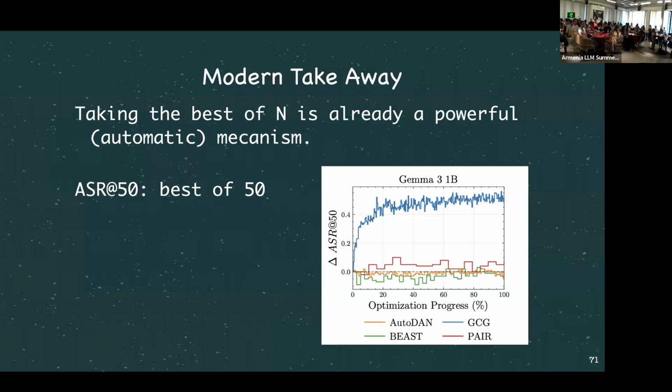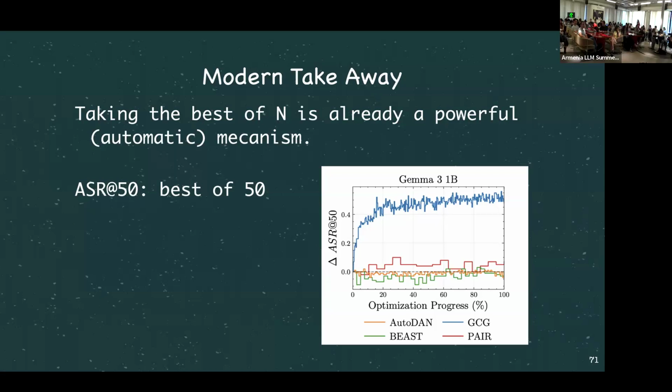Another modern takeaway on the attack that is important to know is that for jailbreaks, because these models are stochastic, just asking the same thing over and over again is actually very useful and very efficient.